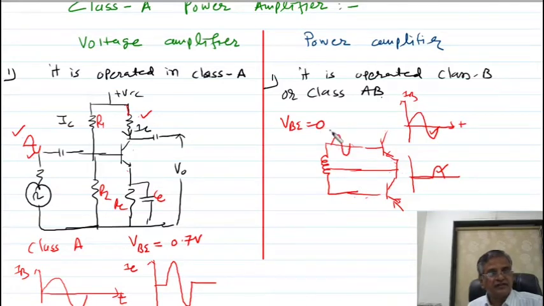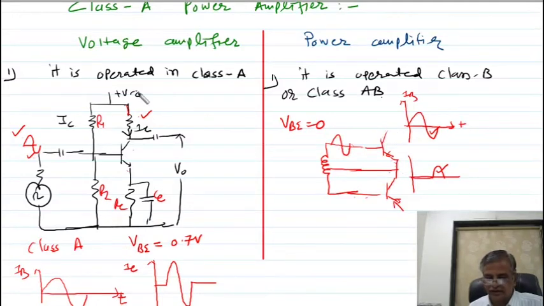Listen again. In a class B operation, the collector current will flow only for one half of the AC input cycle. If the collector current flows only for one half of the AC input cycle, then it is called class B operation.